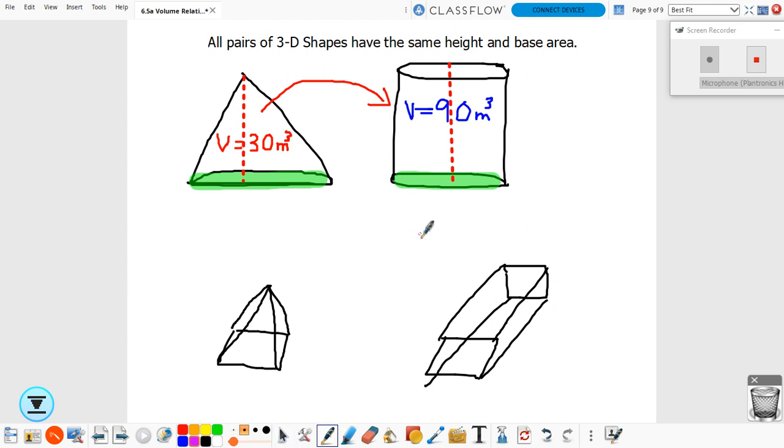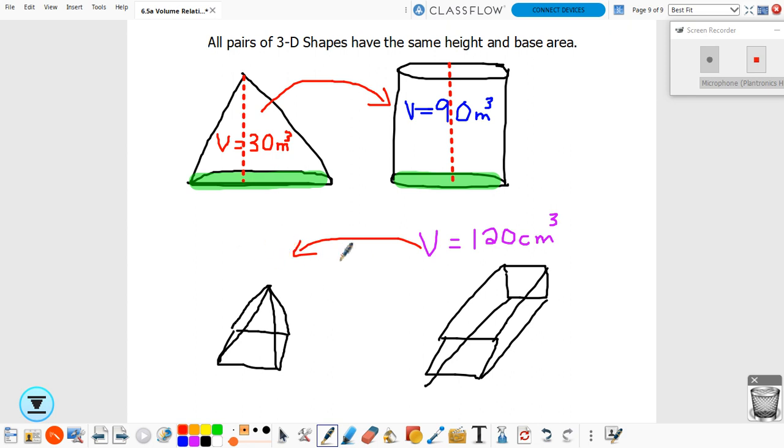Let's just say the volume of this is going to be, I don't know, let's go with 120 centimeters cubed. The volume of this square-based prism is 120 centimeters cubed. If that's the case, then what is the volume of a pyramid with the same base area and height?